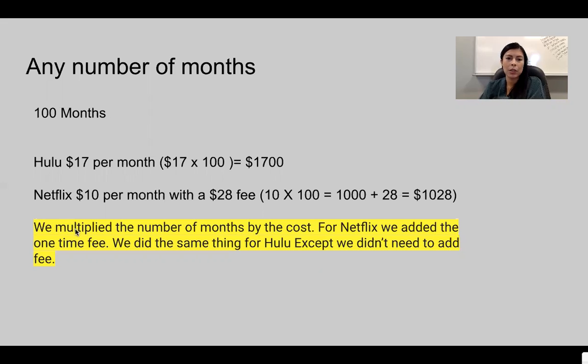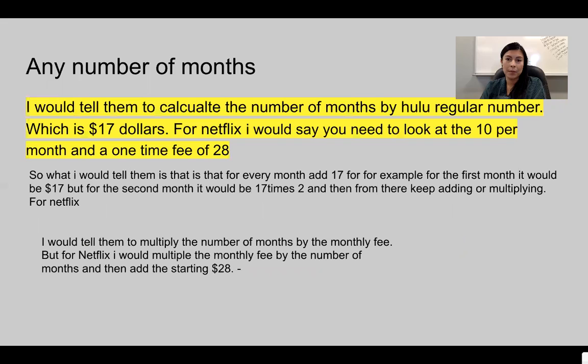Now here they did put something interesting: they multiply the number of months by the cost. That's what you're trying to do, but you don't want to put a specific number for the number of months. What you want to do is calculate the number of months times the Hulu regular price, which is 17. For Netflix, look at 10 per month and the one-time fee.